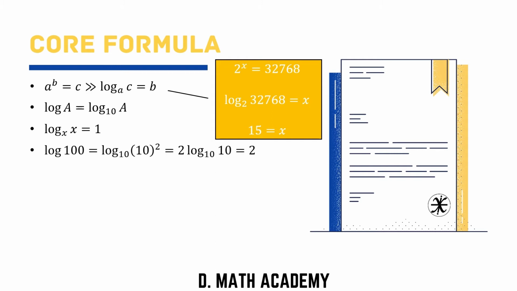Moving on, we have log 100 here. Remember, when they don't specify, it means that the base will be 10. So 100 over there, we can change it into 10 to the power of 2. In logarithm itself, when you have a power, you can bring it out from the logarithm.